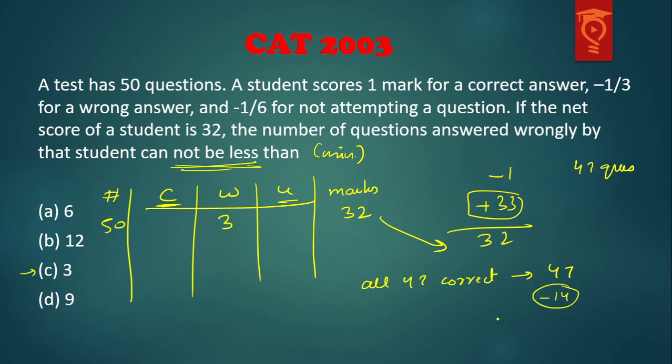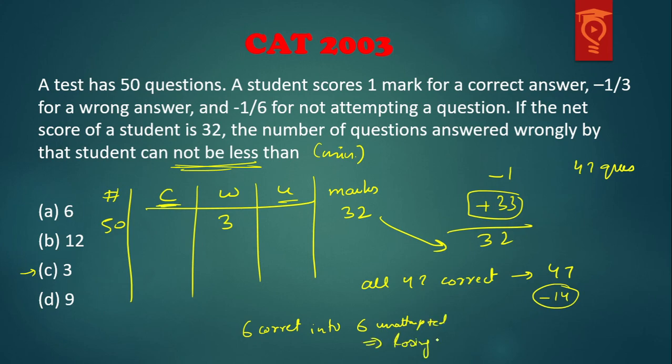Okay, now if I convert 6 of these questions that I have answered correctly into unattempted ones, 6 correct answers into unattempted ones, so I lose 6 marks and I also lose 1 more mark. So if I convert 6 correct into 6 unattempted, this implies losing 7 marks.